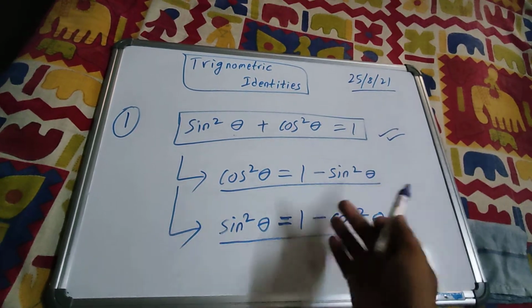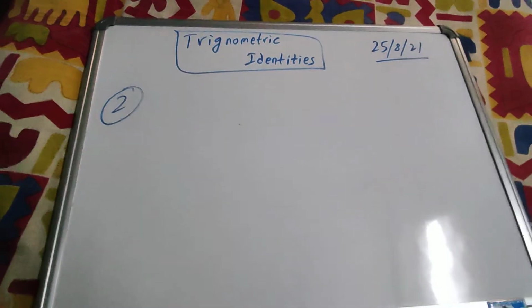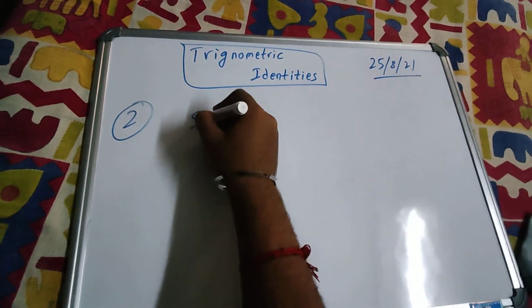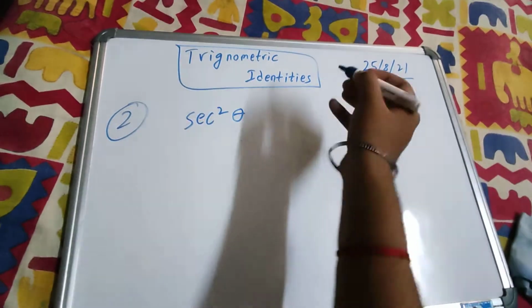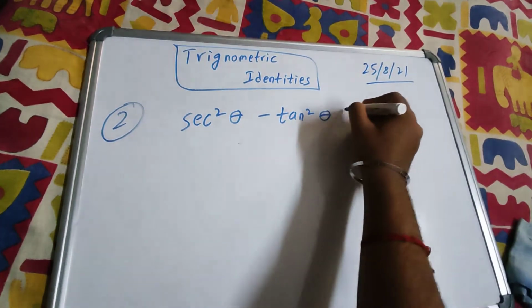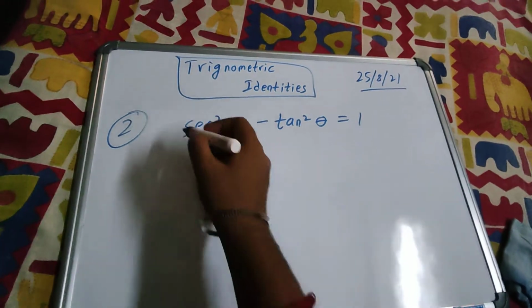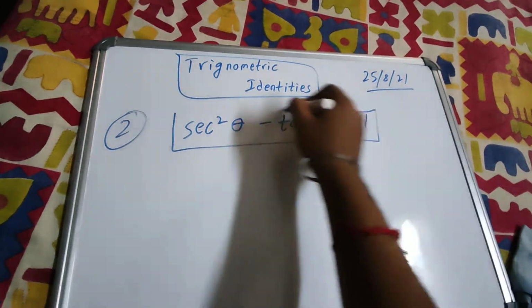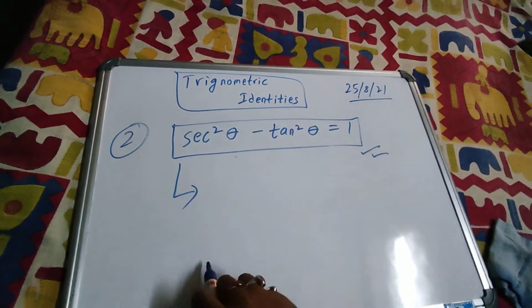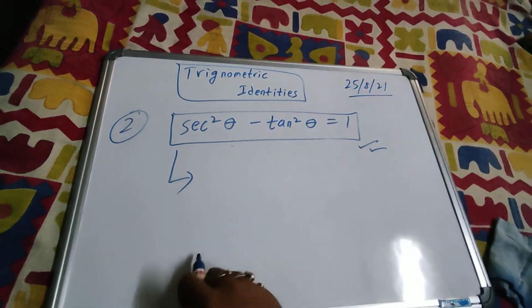Next, come to our next formula, formula number 2. Formula number 2 is sec square theta minus tan square theta is equal to 1 again. This is our main formula, and two other counterparts have been derived from it.